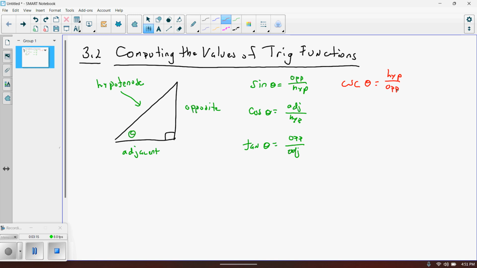Cosine's reciprocal is the secant, we abbreviate that SEC, of theta. And again, it's the reciprocal, so hypotenuse over the adjacent. And then tangent's is the cotangent, abbreviated COT, and that is going to be the adjacent divided by the opposite.